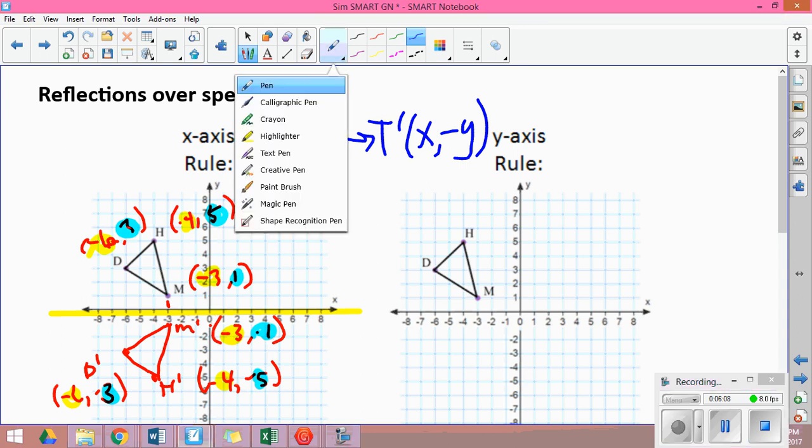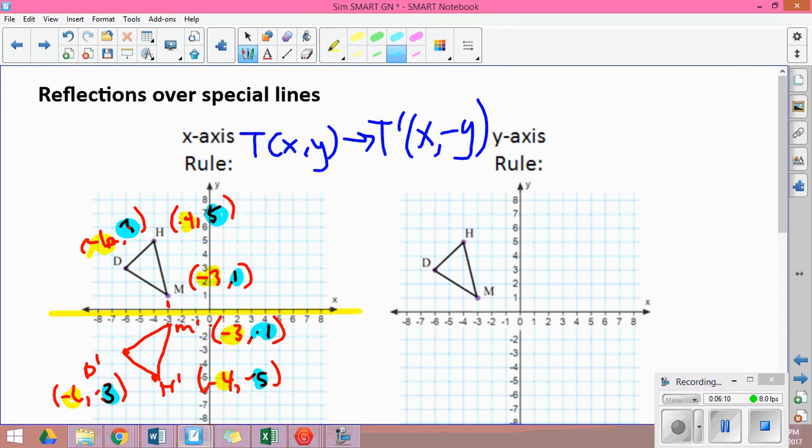That same logic would apply if we come over here and we look at reflecting over the y-axis. We could go ahead and count 3 units away and know we'll end up 3 units away. And M prime will be right there. And we could go through and we could find all of them.